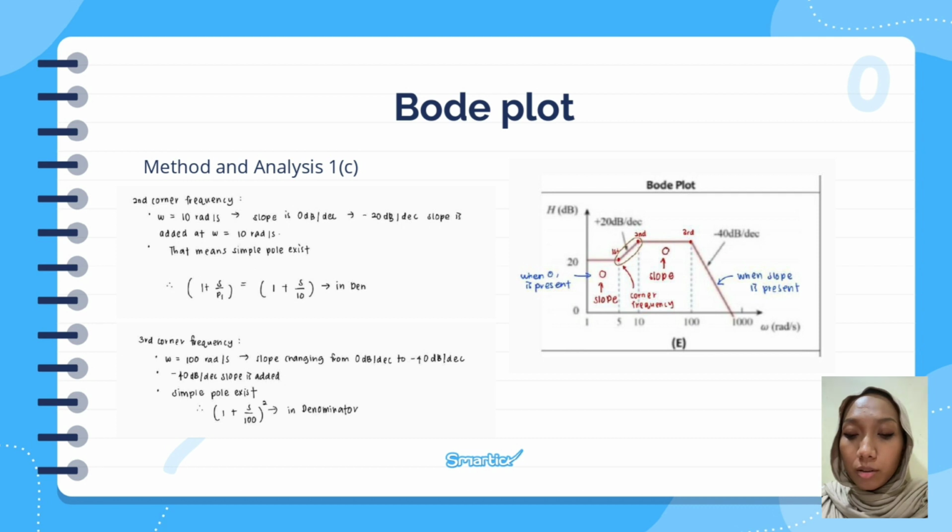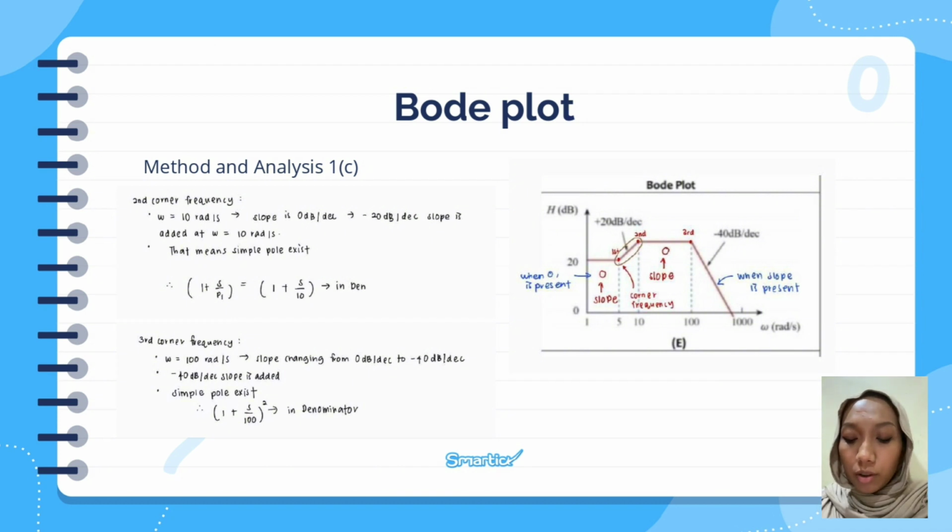On the second corner frequency, omega is equal to 10 radians per second. The slope changes from 0 dB per decade to negative 20 dB per decade. Slope is added at omega equal to 10 radians per second, which means a simple pole exists.